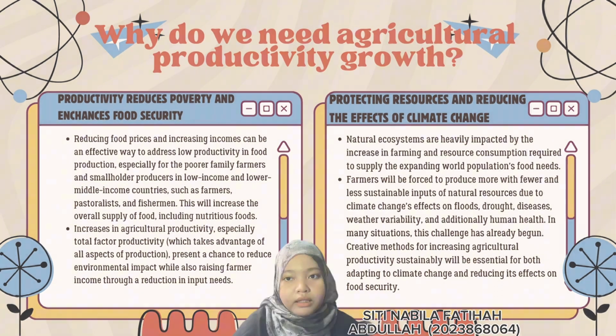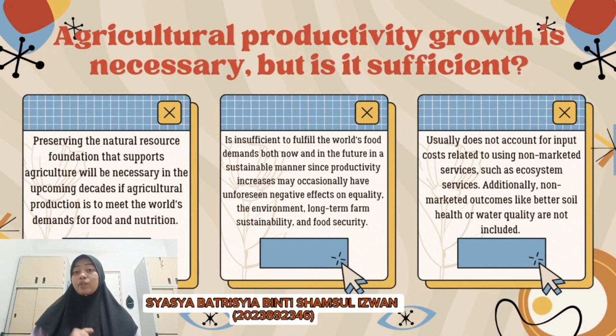on food security. Agriculture productivity growth is necessary, but is it sufficient? First, preserving the natural resource foundation that supports agriculture will be necessary in the upcoming decades if agricultural production is to meet the world's demand for food and nutrition.